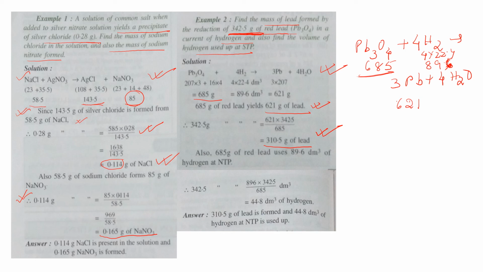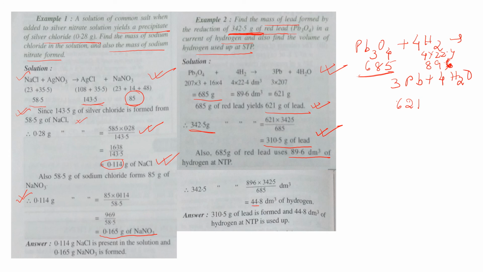Now 685 gram of red lead uses 89.6 decimeter cube of hydrogen at NTP or STP, you can write either. So 342.5 gram of red lead is using how much hydrogen? It is 89.6 into 342.5 divided by 685.